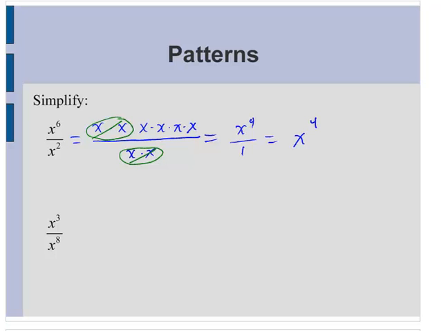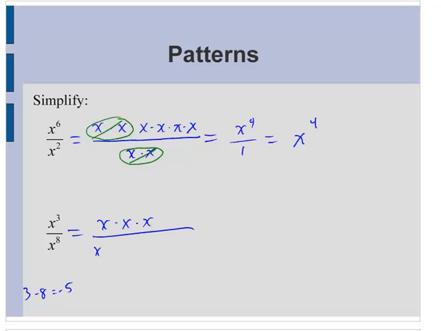Now that looks interesting because 6 subtract 2 is 4. Well, wait a second, what about this one? If we did that, we'd have 3 subtract 8 is negative 5. Will that work here? So let's see. The numerator would be x times x times x.